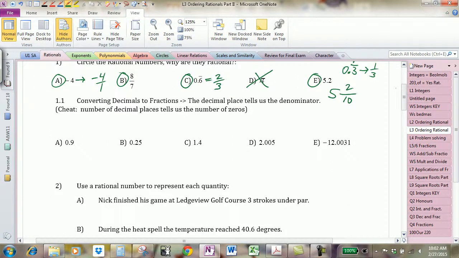Good. So, converting decimals to fractions. Here we go. The place value tells you the denominator. So what's the place value of the first decimal? Tenths. Please write this down. You need to memorize it. Place value of the second one? Hundredths. There is a D in there, and then a THS.